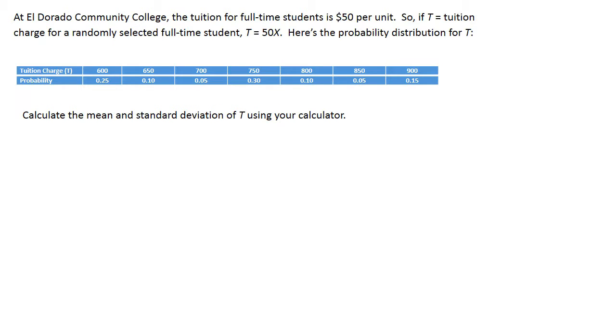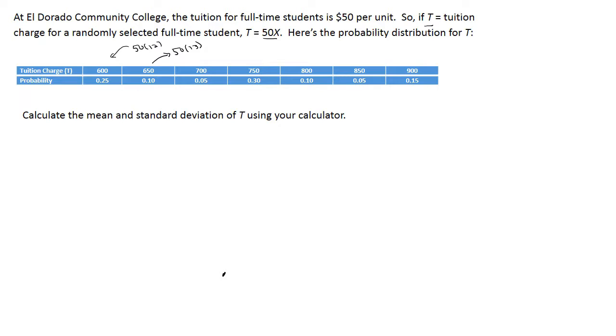Then this next example says the tuition for full-time students is $50 per unit. So we have a new random variable T that is the tuition charge for a randomly selected student, and T is just 50 times X. All of the values in our new table are just, this one is 50 times 12, and this one is 50 times 13, and so on.